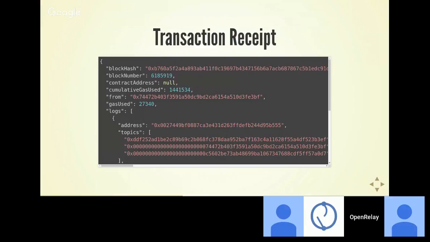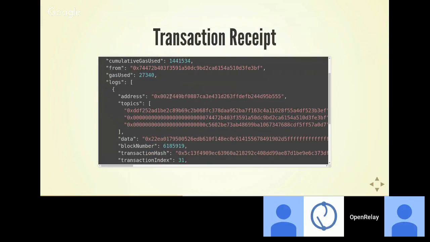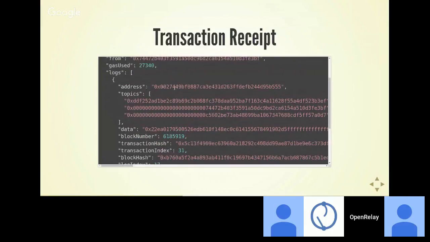And then we get into a list of logs, and it is entirely possible for a single transaction to emit multiple logs. As an example of that, here is a transfer log. So it tells us the address of the contract that emitted this log. In this case, it's a NotCoin event.